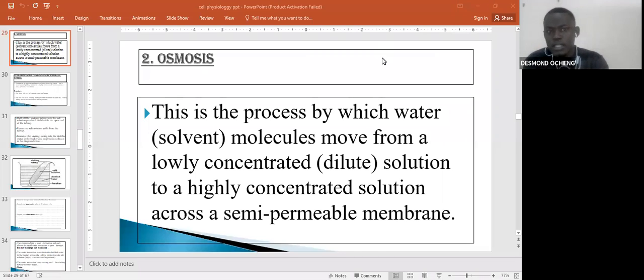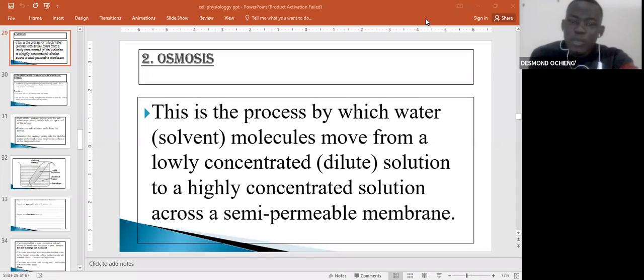I have projected the word osmosis on my screen, and I believe you can all see it. Now, osmosis is defined as the process by which water or solvent molecules move from a region where they're highly concentrated to a region where they're lowly concentrated through a semi-permeable membrane.